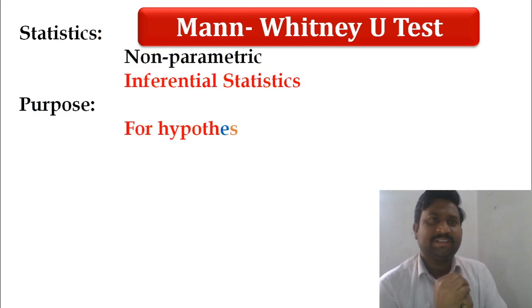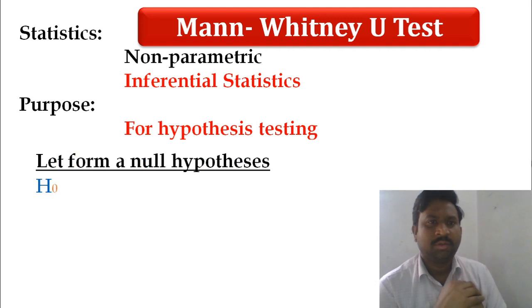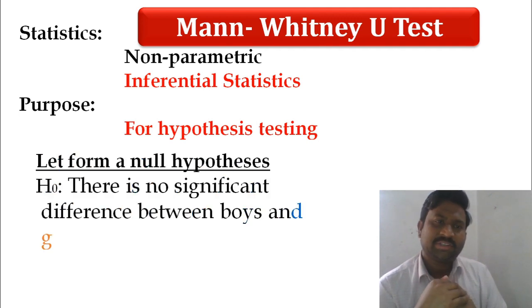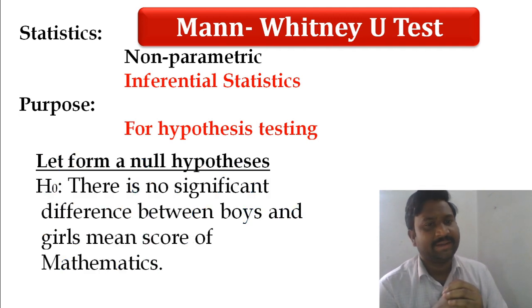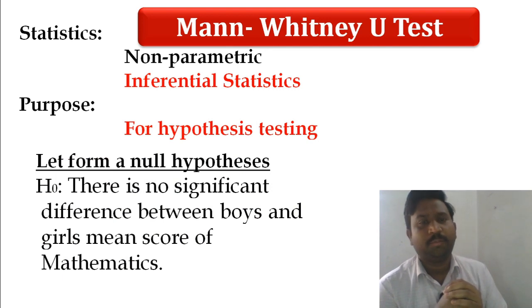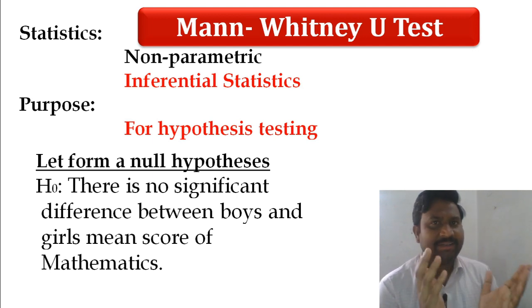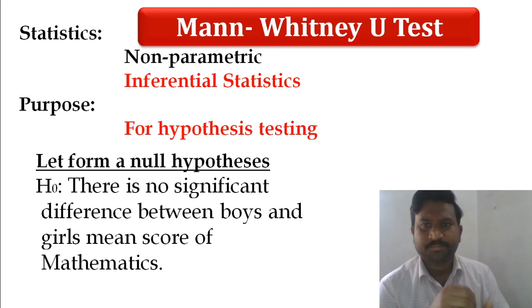Mann-Whitney U-test is a non-parametric statistic used to test a null hypothesis. So let us form a null hypothesis. There is no significant difference between boys and girls' mean score of mathematics. Means boys and girls have similar scores. Boys and girls have statistically no significant difference.